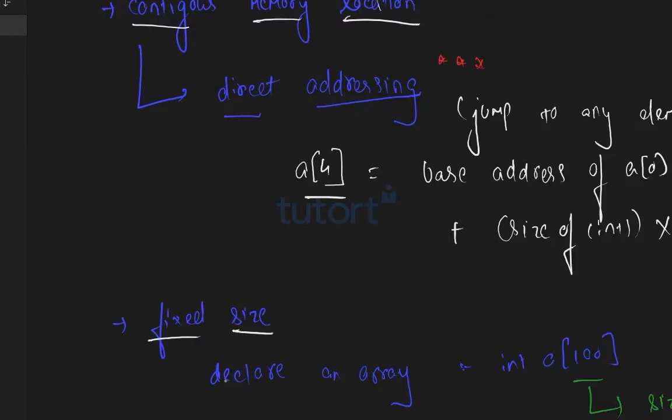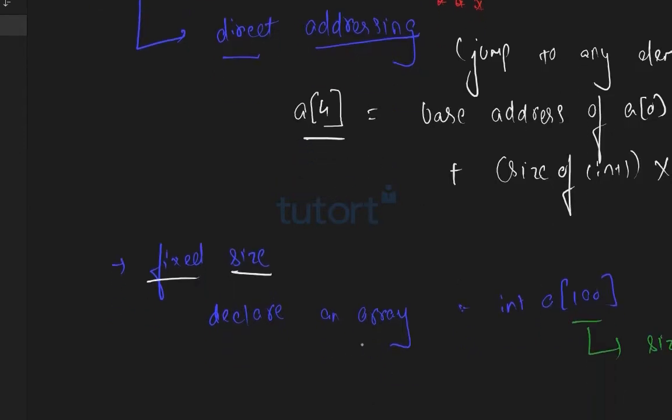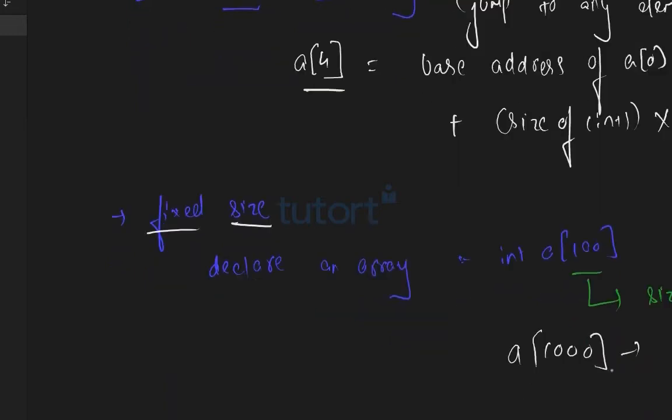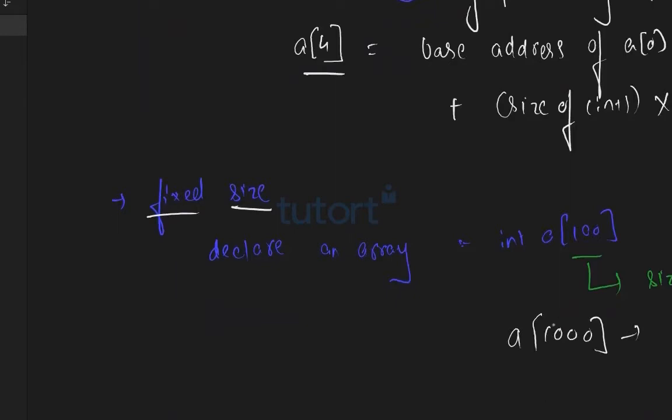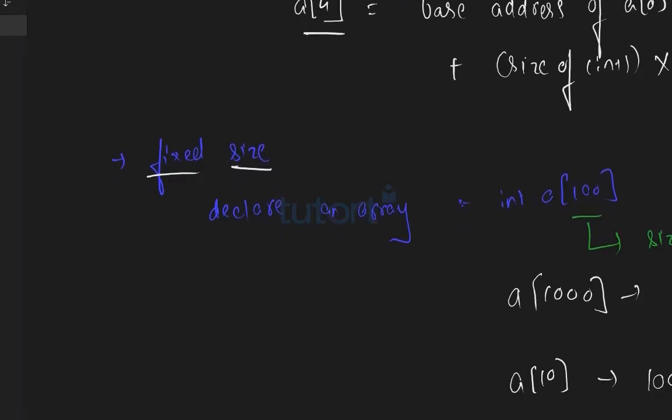So why is this a problem? Suppose in a program you never know how much data you are going to deal with. Suppose you give an array of size, let's say, a of 1,000, but among 1,000 you are using only 10 elements. Then the array will be underutilized, and the other 990 spaces will be wasted. And if you have declared an array of 10, but later in the program you need 10,000 elements, you have to resize the array, so that will be overutilized.